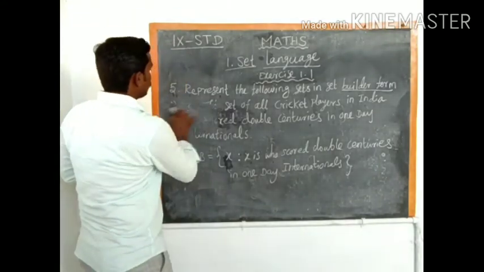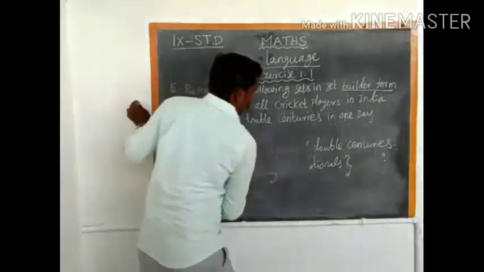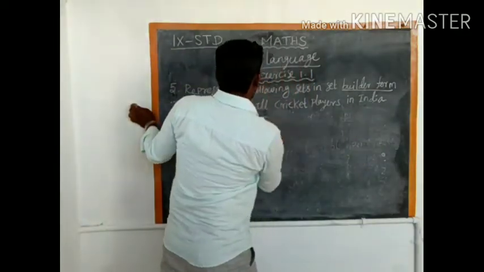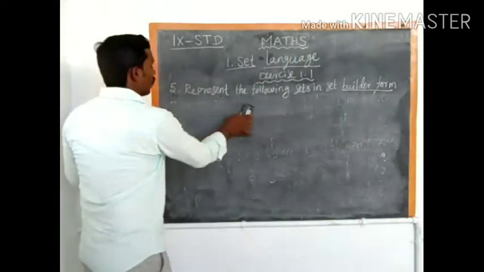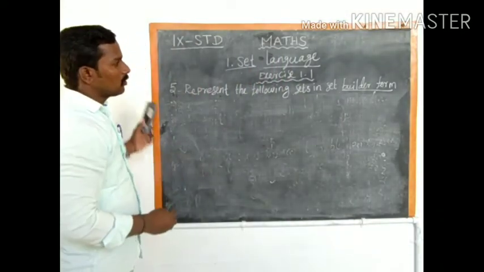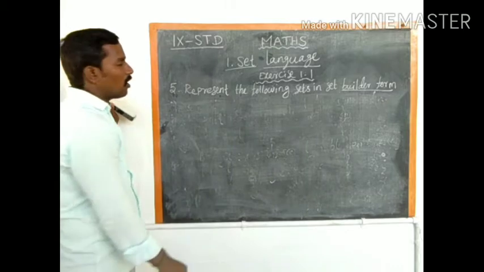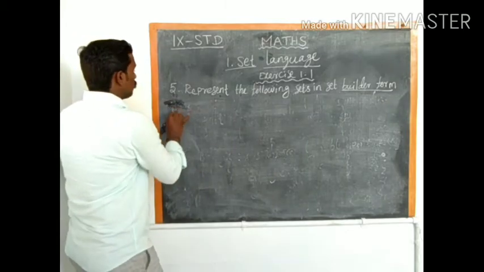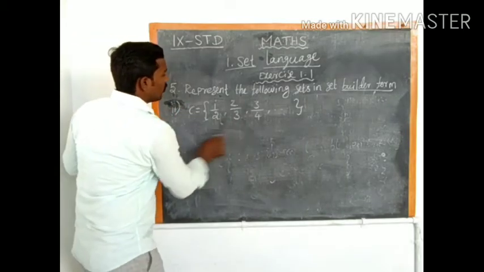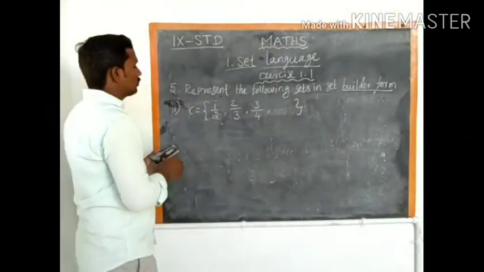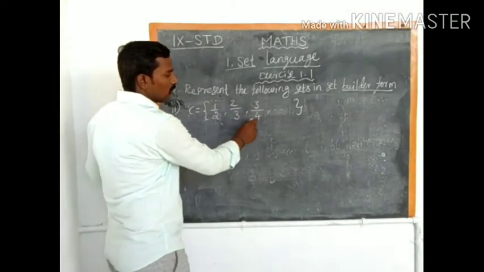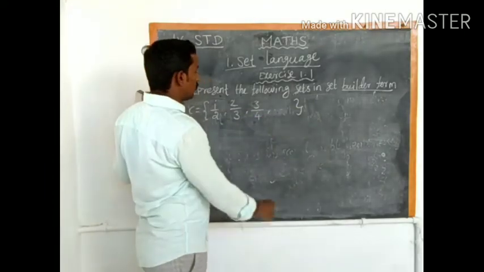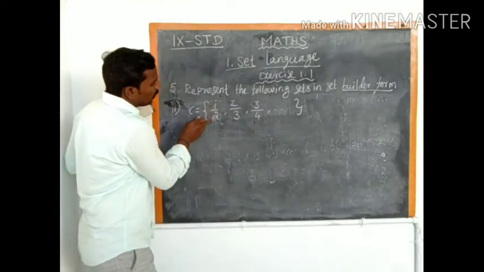The second question. Have you understood? All the questions here are in set builder form. So set builder form is a rule form, so you are forming the rule. In the second, consider all the numbers inside the set: 1 by 2, 2 by 3, 3 by 4. So compare the numerator and denominator.